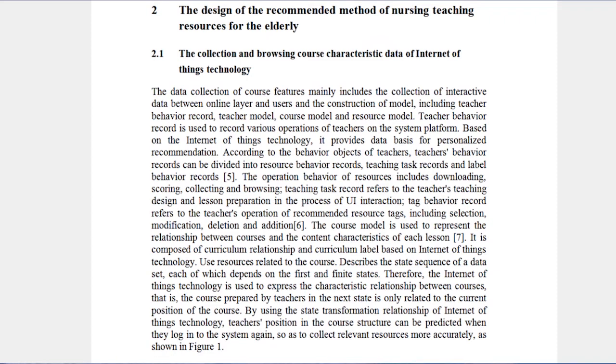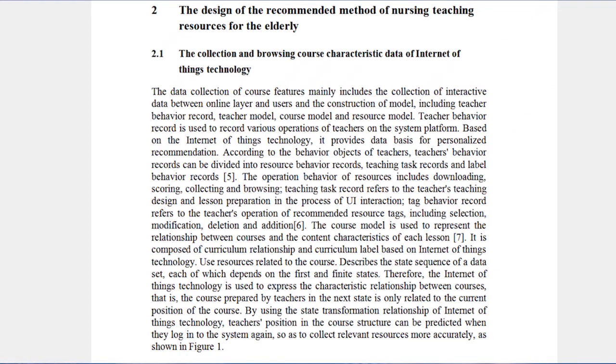Based on Internet of Things technology, resources related to the course describe the state sequence of a dataset, each of which depends on the first and finite states. Therefore, Internet of Things technology is used to express the characteristic relationship between courses, that is, the course prepared by teachers in the next state is only related to the current position of the course.